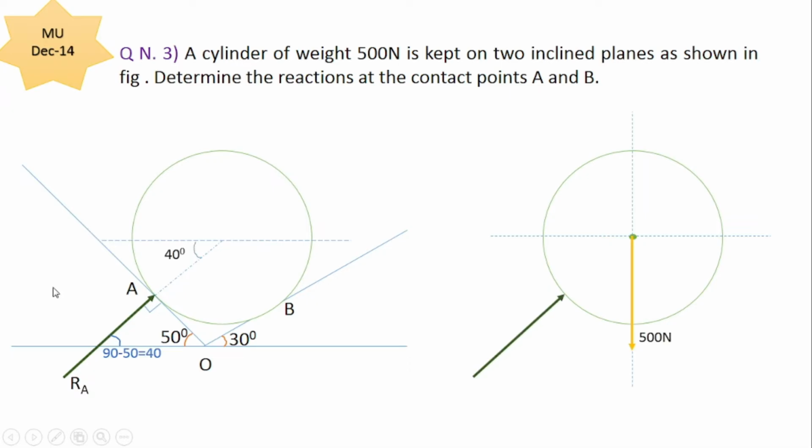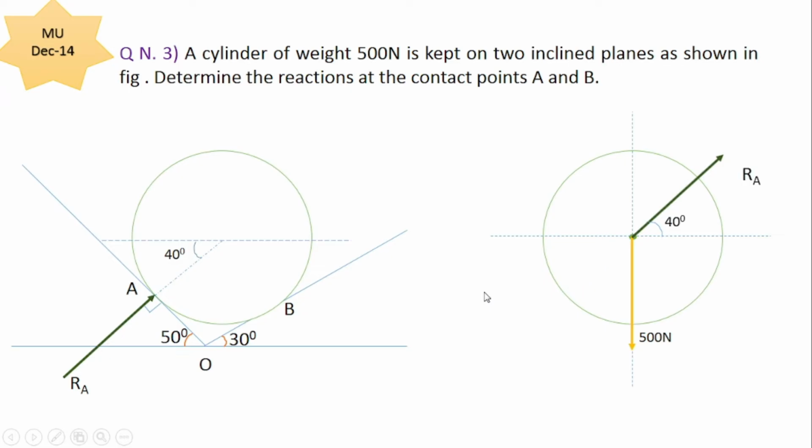Now we'll show this force on our FBD. This is the reaction RA and this is the angle made by RA with the horizontal, that is 40 degrees. Now we can transfer this force along its line of action as per the principle of transmissibility, and the angle made by this force will be the same, 40 degrees, because these two are opposite angles.